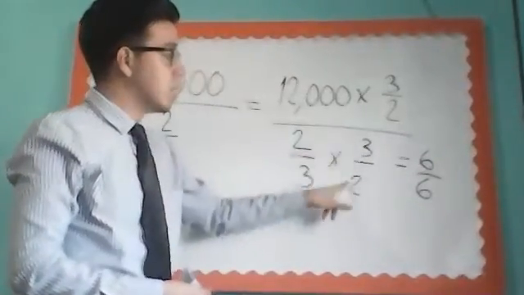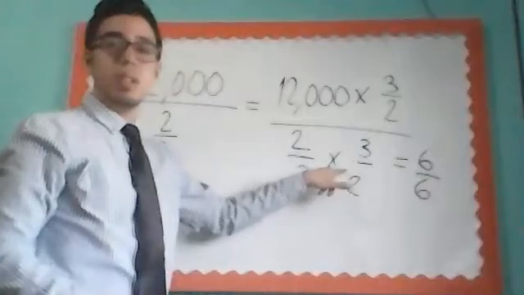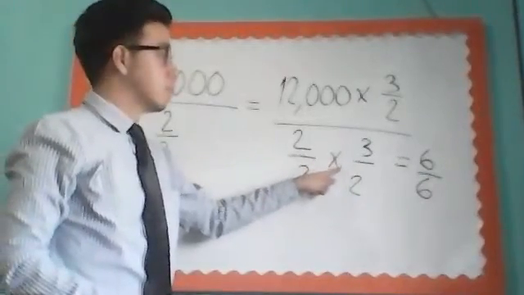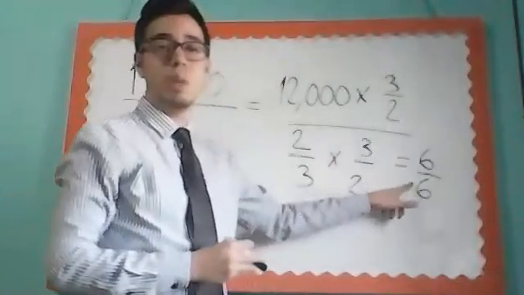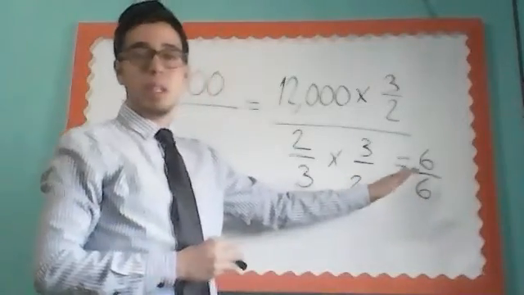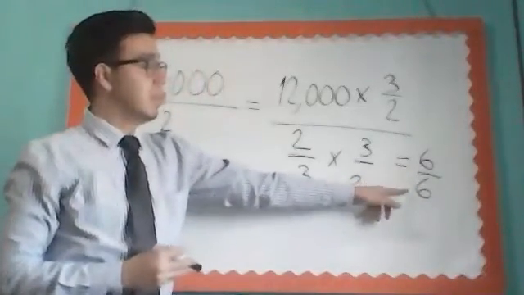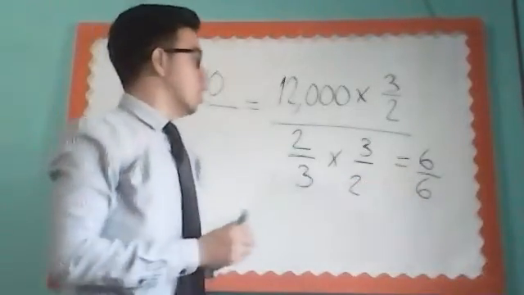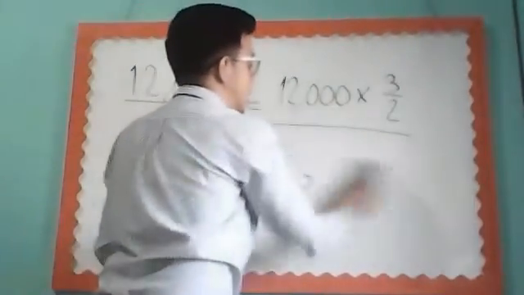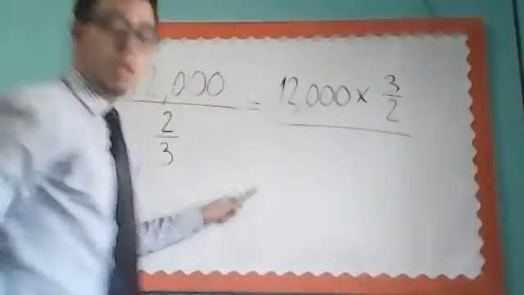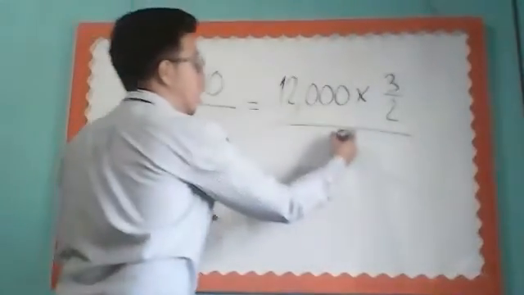When you multiply by the inverse of one number, it's going to be 1. Yes? If you divide 6 by 6, it's going to be 1. Any number divided by itself is going to be 1. So in this case, we can erase all this and only write 1.